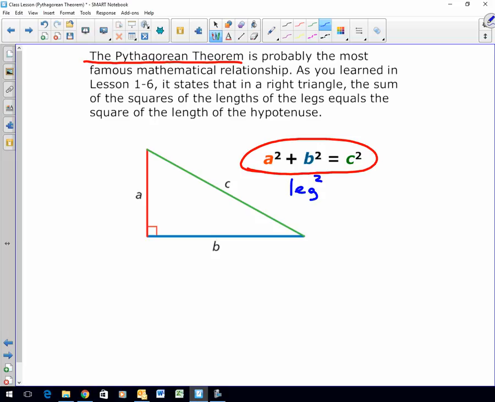Leg squared plus leg squared equals hypotenuse squared.